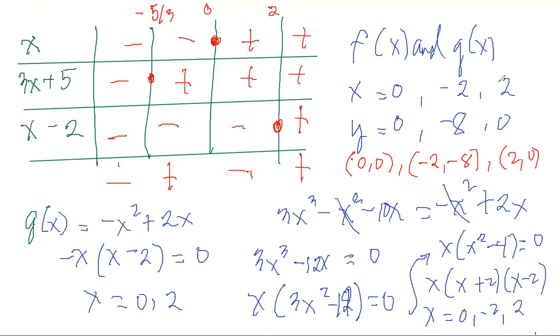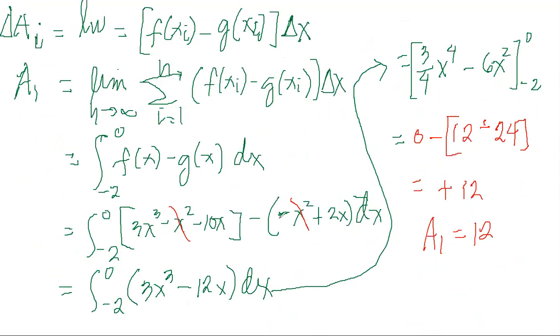We can also check that here. So from 0 to positive 2. Let's substitute the values of the functions. G of x is -x squared plus 2x, minus f of x, which is 3x cubed minus x squared minus 10x, dx. Let's double check. Minus 10x, correct.